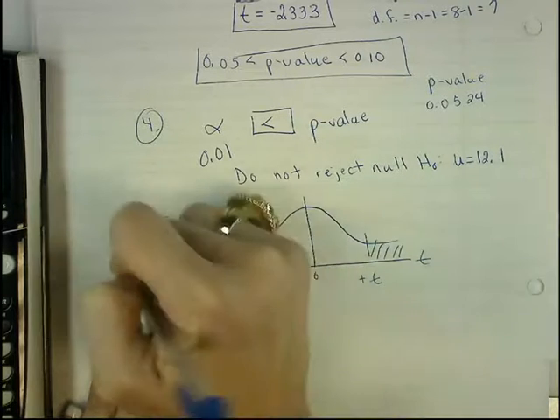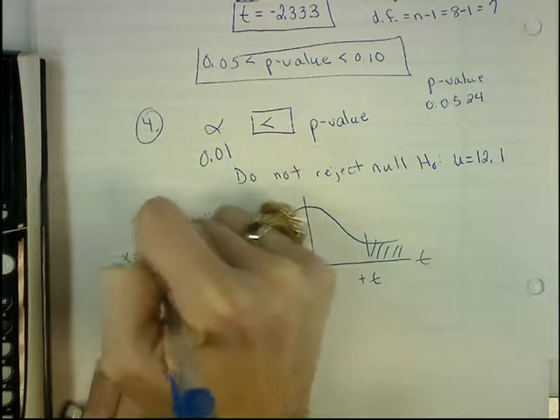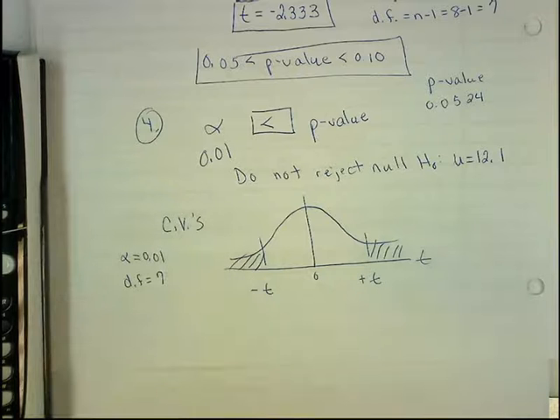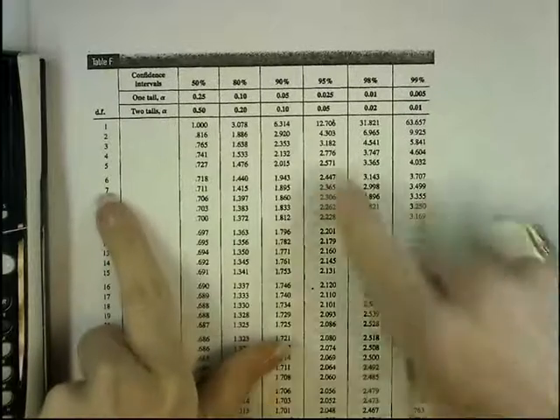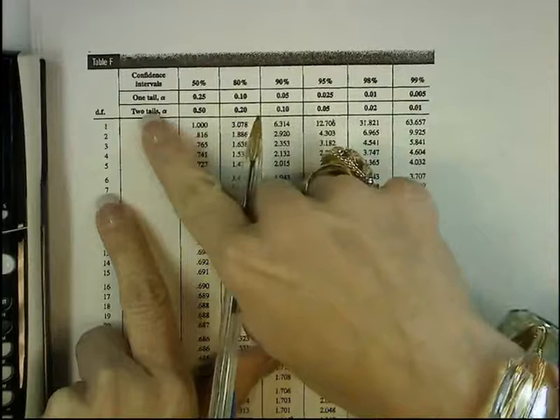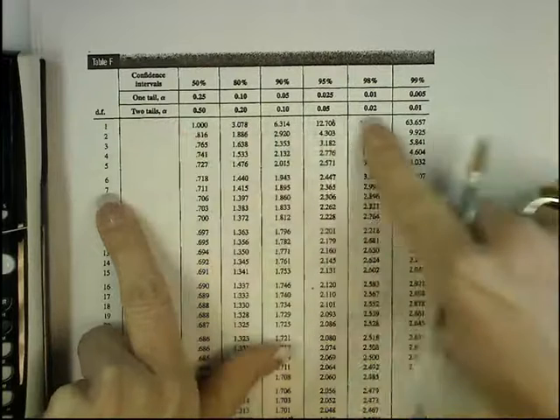You would use your alpha of 1% and your degrees of freedom of 7 and go to your t-table. Look up your alpha that's given to you in the two-tail alpha row because it's a two-tail t-test.